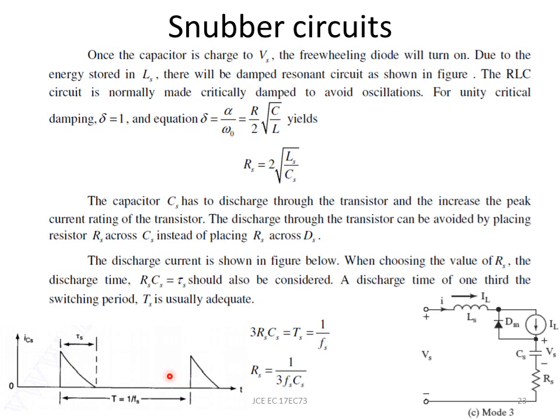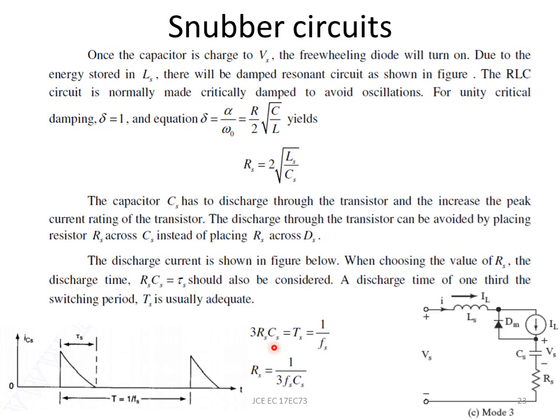The discharge time RsCs, which is called tau s, should be considered as a discharge time of 1/3 the switching period. If this is the switching period, I turn it on here and then off here. Then tau s should be just 1/3 of the switching period.